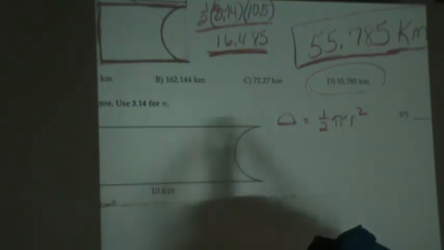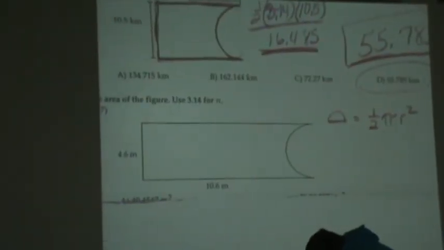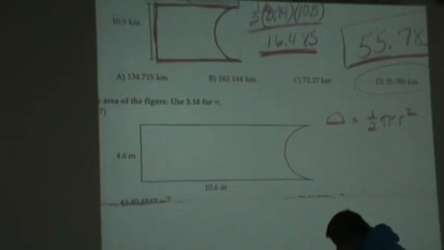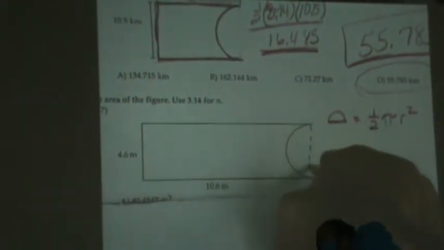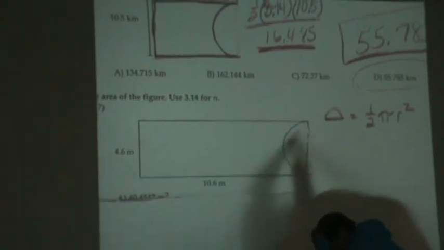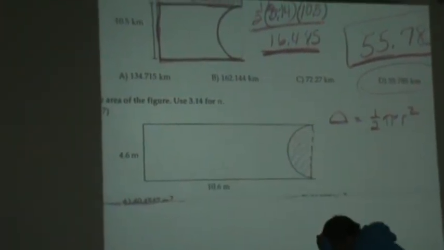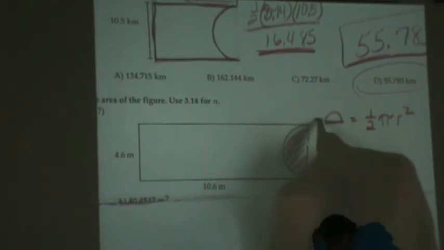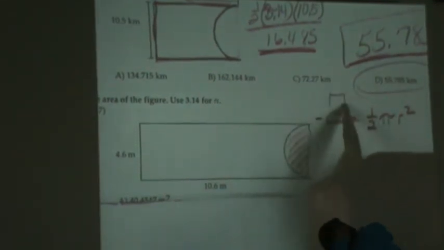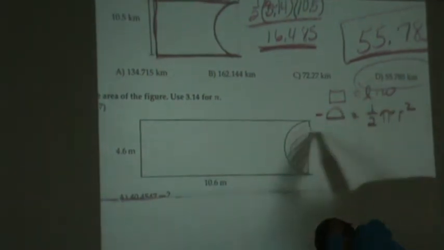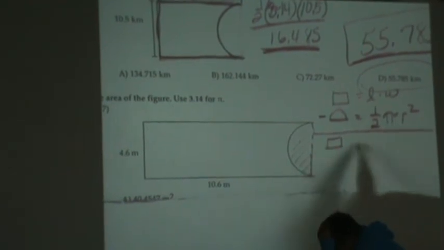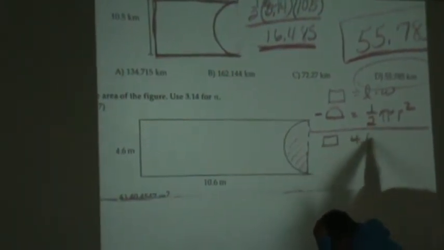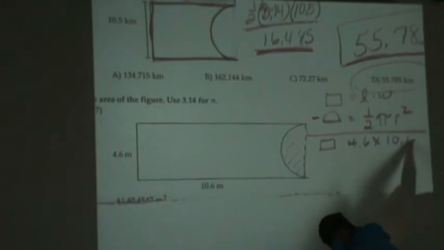And this rectangle part, okay, actually, we should do the rectangle first, shouldn't we? Because if you do the rectangle, then you could subtract the circle out, right? So I'm going to put it above it. The rectangle minus the half circle. So the length times the width, and then subtract that. So let's do the rectangle. That would be 4.6 times 10.6.